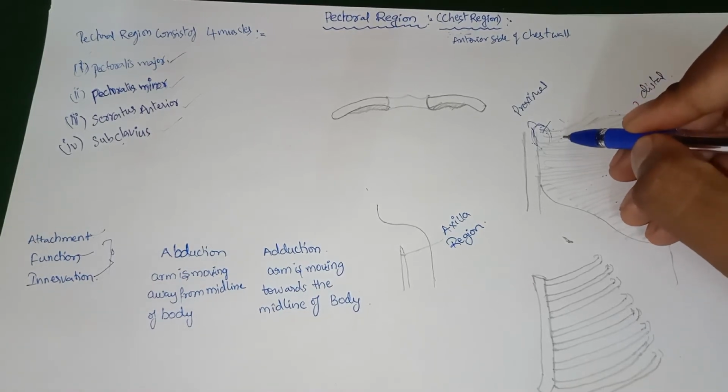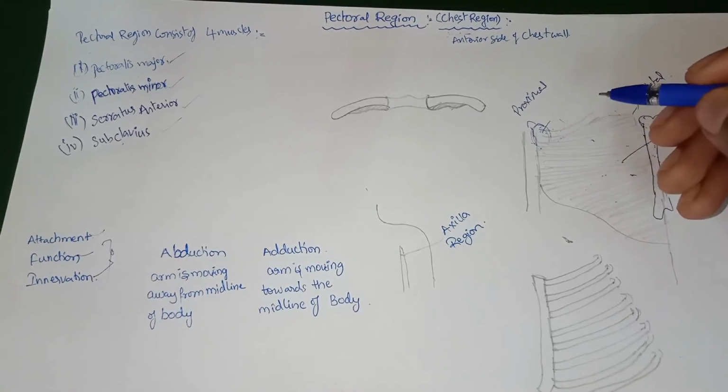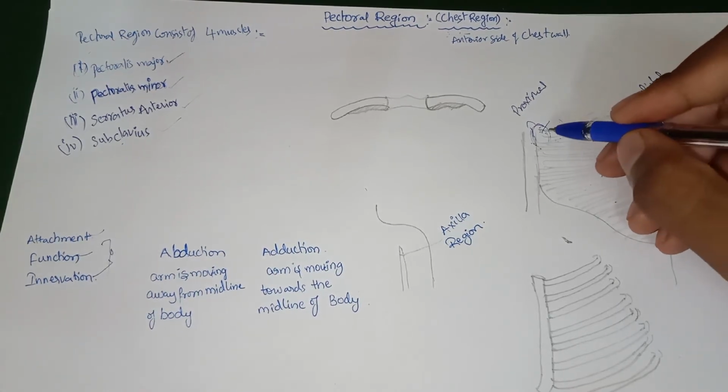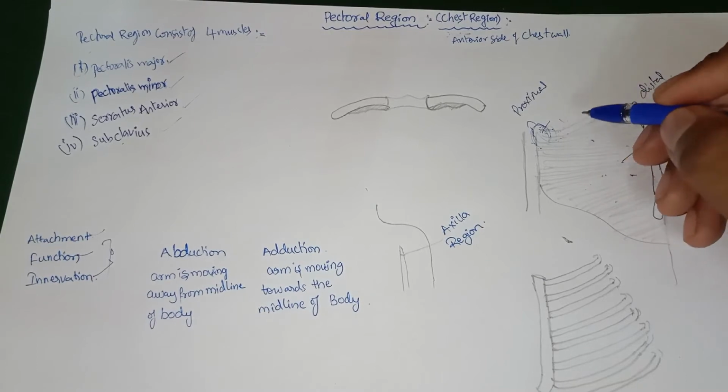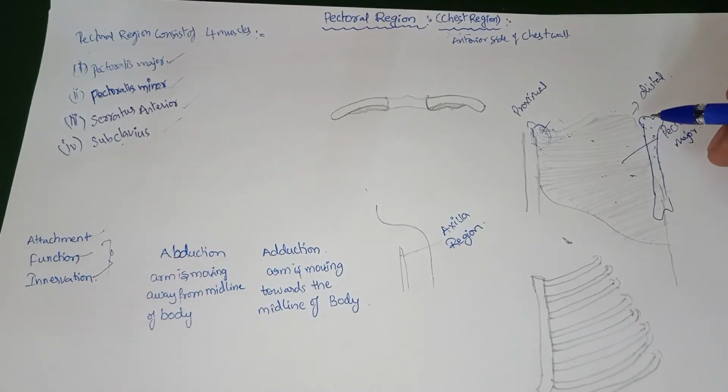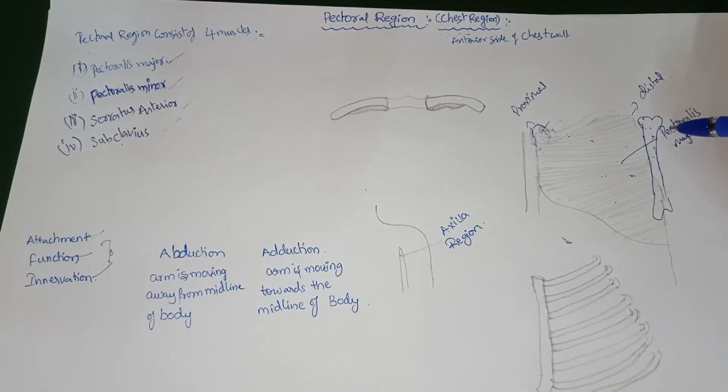It originates from the anterior surface of the medial clavicle. This is anterior and the back side is posterior. This is the medial clavicle. From the clavicular head the pectoralis major originates, and it is inserted to the intertubercular sulcus of the humerus.